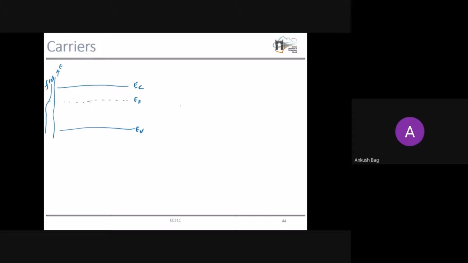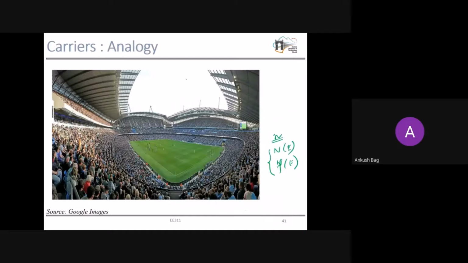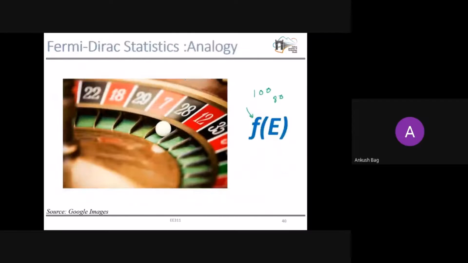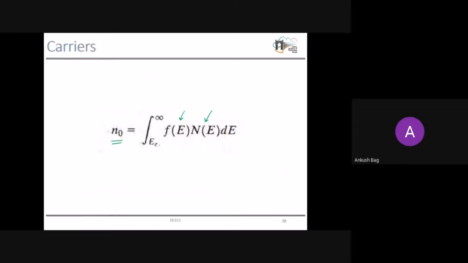Now if we try to calculate the carrier concentration N, just to recall, your N is basically this one.